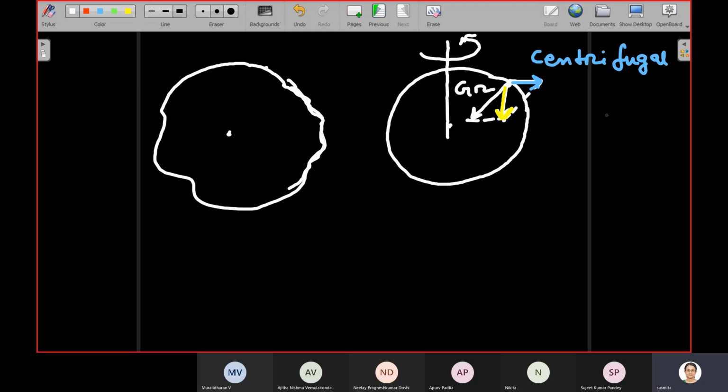Now if we write this in the form of acceleration, we have gravitational acceleration and centrifugal acceleration, right?